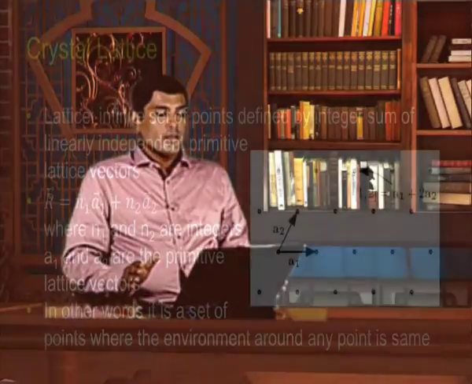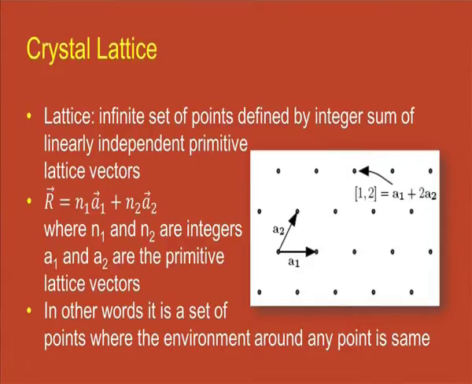Now when we talk about crystal structure, we need to know some very basic definitions, and with those definitions we can understand crystal structure in a better way. So the first one is lattice. Now the definition of lattice is: it is an infinite set of points defined by integer sum of linearly independent primitive lattice vectors. Now as you can see in this image, there are periodically arranged lattice points.